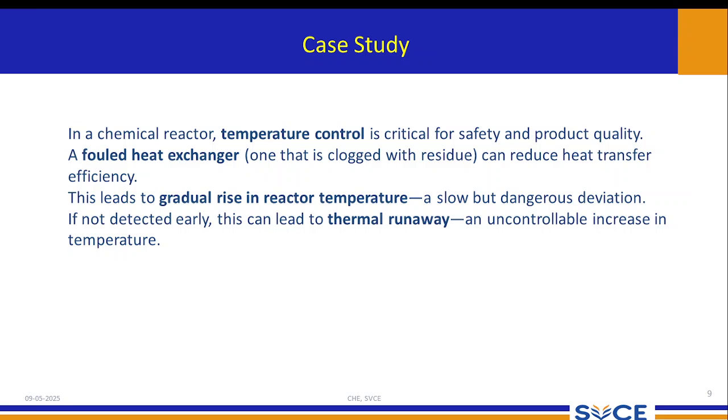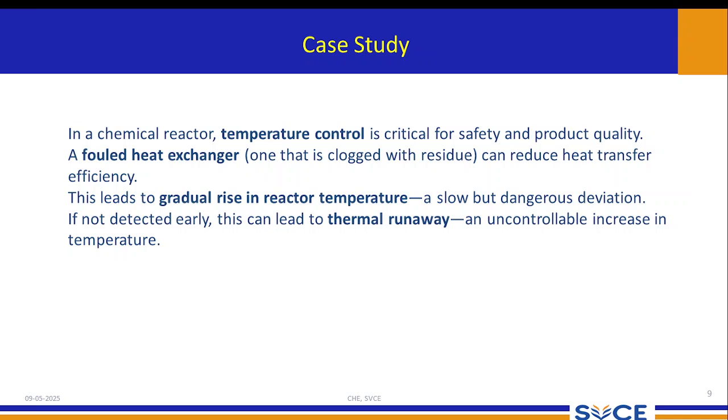That's what they mean. A fouled heat exchanger, one that is clogged with residue, can reduce heat transfer efficiency. This leads to a gradual rise in reactor temperature. If the heat exchanger is working properly, there is no problem. Otherwise, a fouled heat exchanger reduces heat transfer efficiency, leading to a gradual rise in reactor temperature, a slow but dangerous deviation.